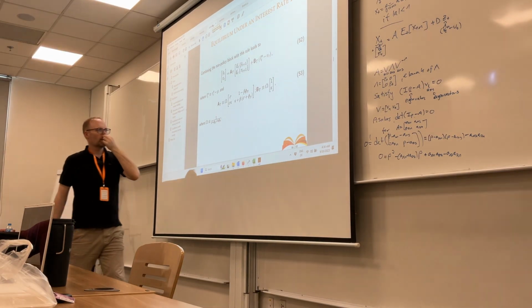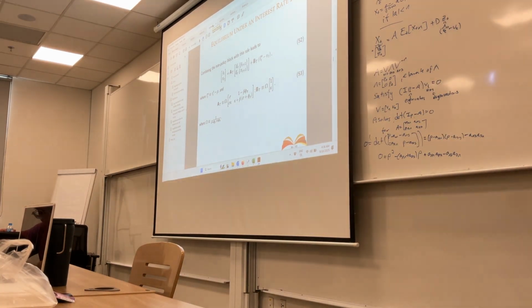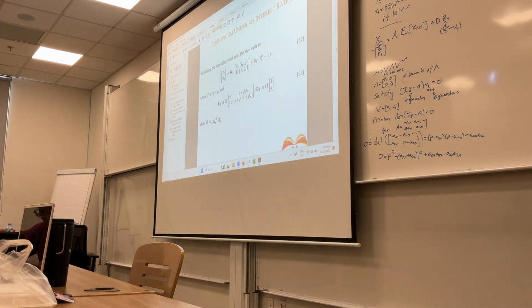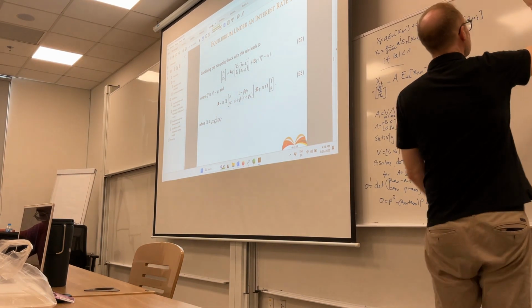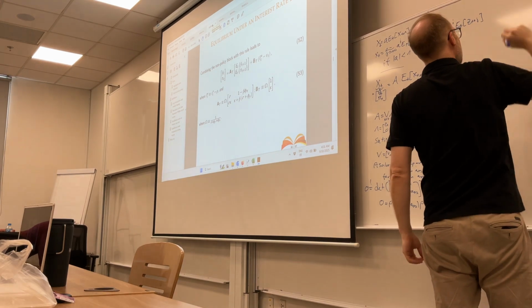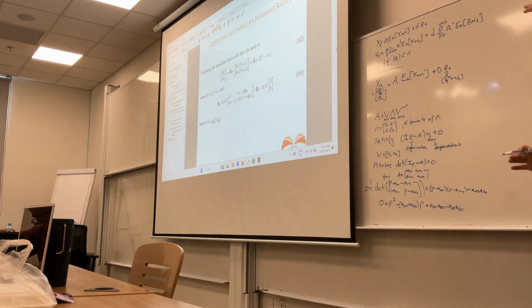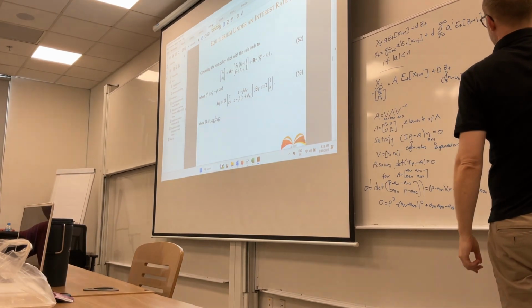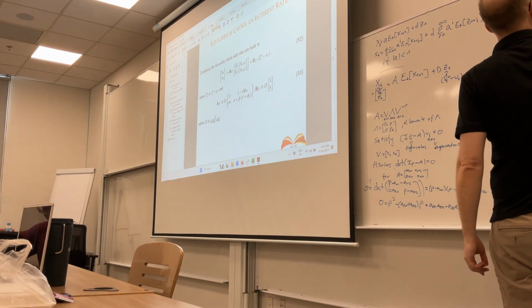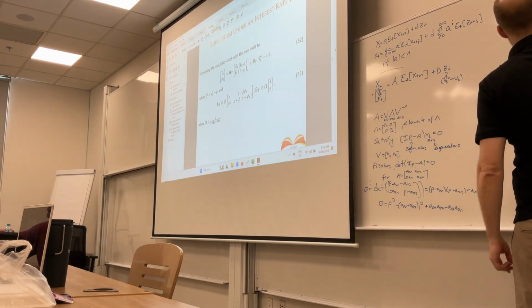Now, why is this useful? This is complicated, right? But why does this actually help us? Something cool happens. A squared is A times A, rows times columns, which is kind of complicated, but now we can write this as V lambda V minus 1, V lambda V minus 1.